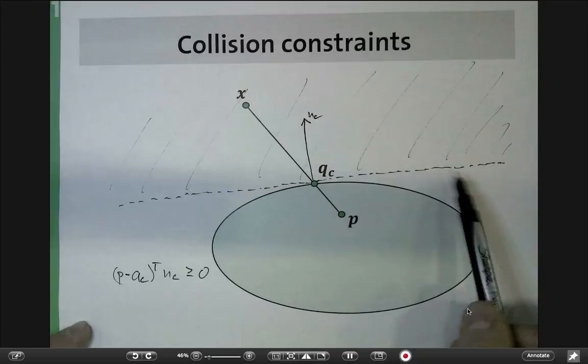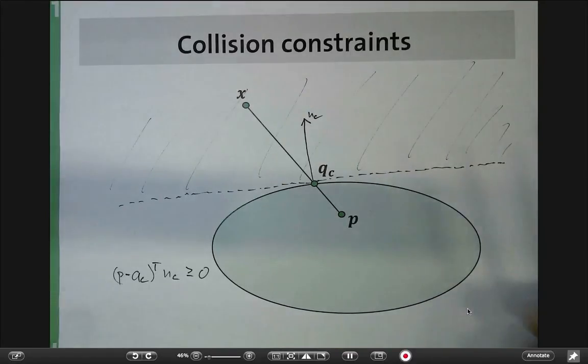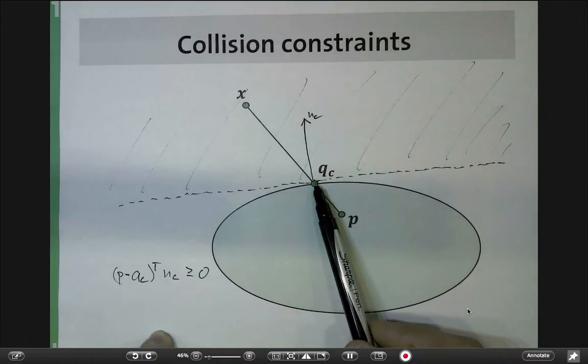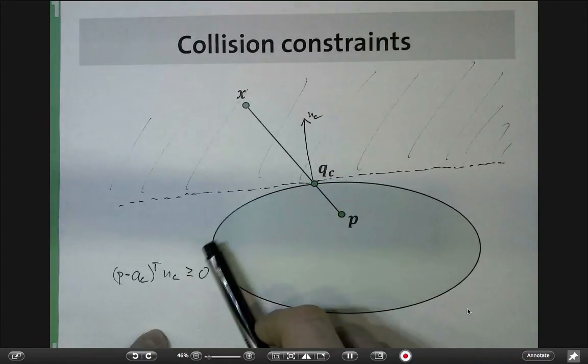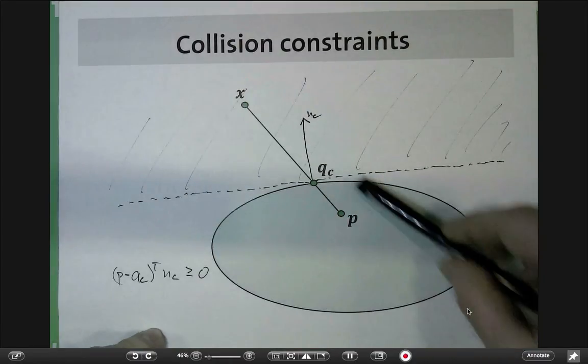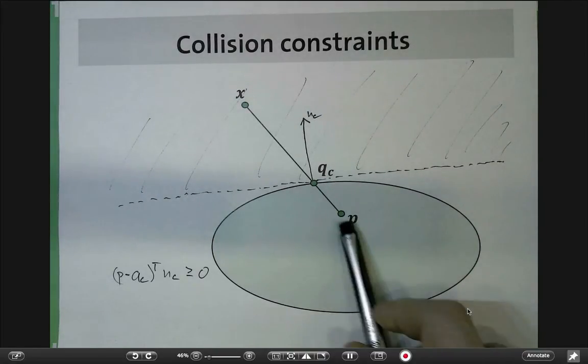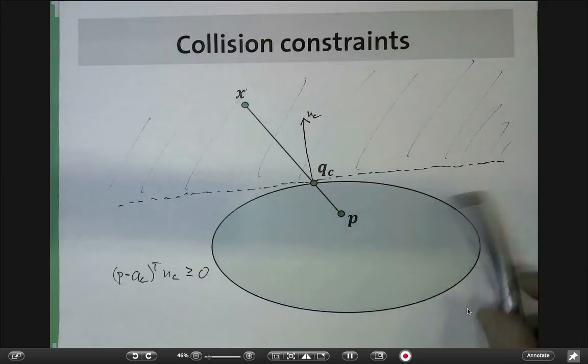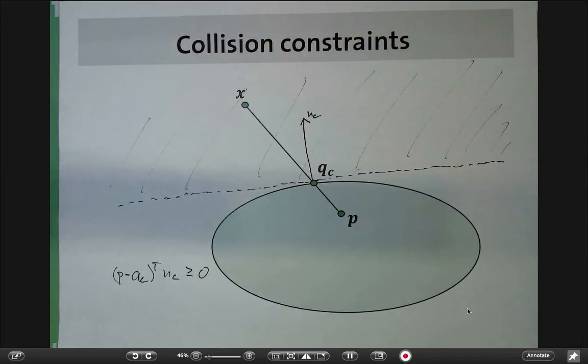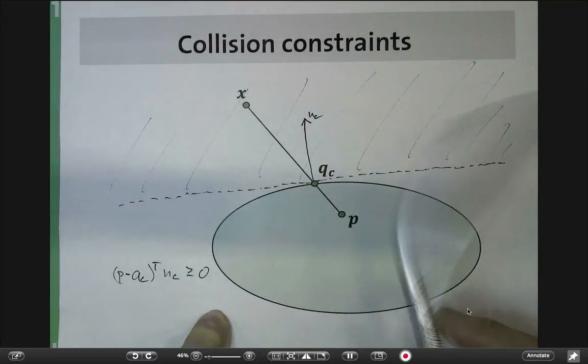You can see, of course, it's not exact. It's just, again, a linearization of the contact point. Correctly, I should say that the particle is allowed to be anywhere in the region outside of the collider, but the point is that I'm doing only small steps, so I can get away with just this linearization. And in the next step, if it's still colliding, then I do this thing again, because then it moved somewhere else, and I will have a different linear approximation.